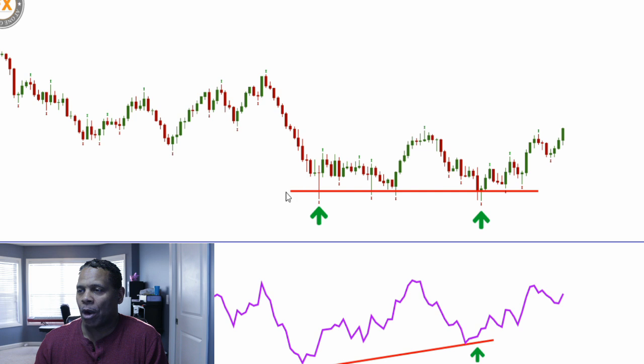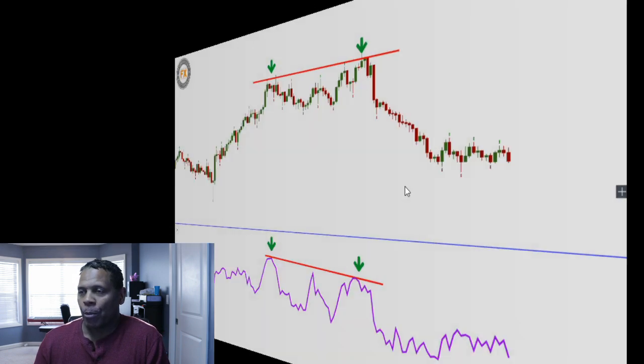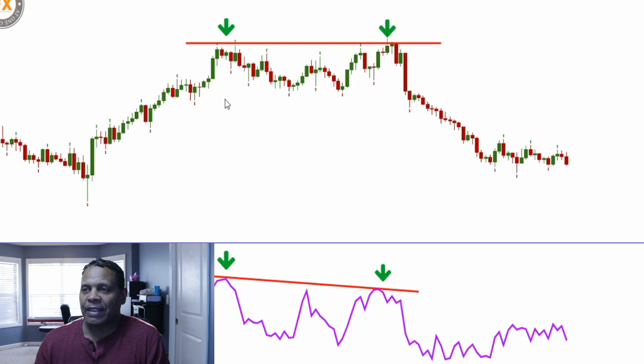So when the market's trending to the downside, to look for that reversal, you're looking at these lows. When the market's trending to the upside, you're looking at these highs for the reversal, because you want to see if they're going to break each other and if there's a new high based off of the price and the indicator.